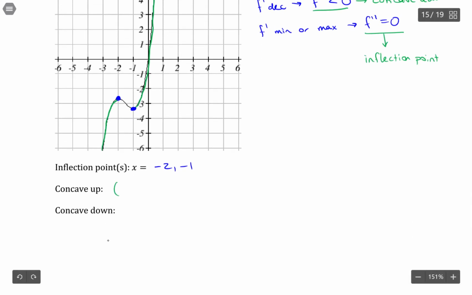So this function is concave up on the interval from -∞ to -2, and then from -1 to +∞. And that leaves for it to be concave down on this interval here to here. So from -2 to -1.